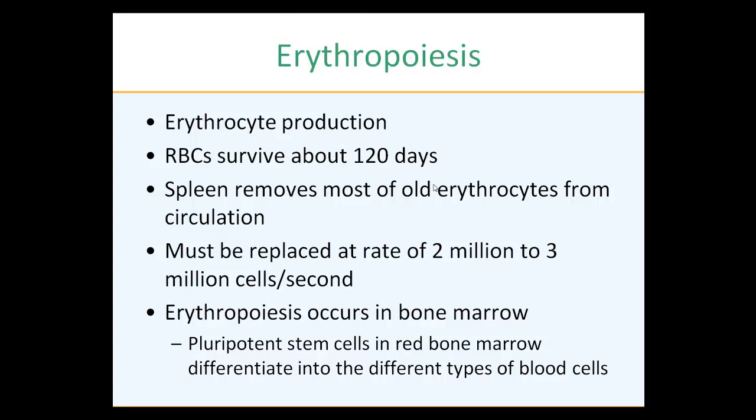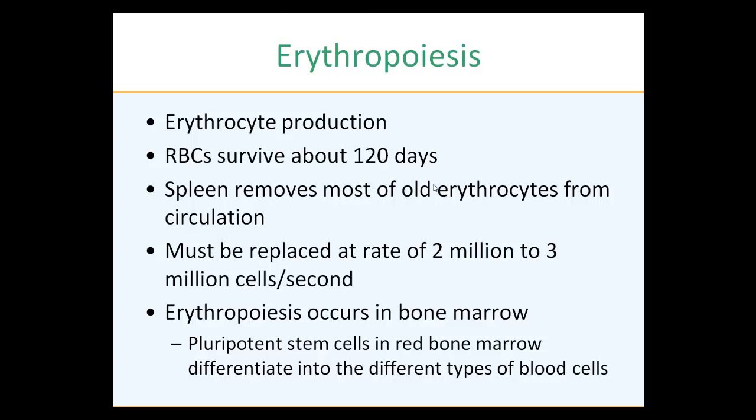In any event, the spleen will remove the old erythrocytes out of the circulation, and you will see what happens to the hemoglobin that gets released in the next couple of slides.